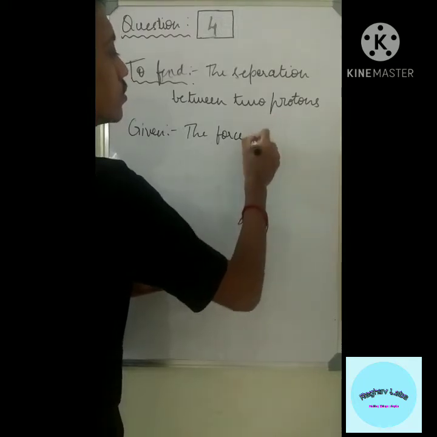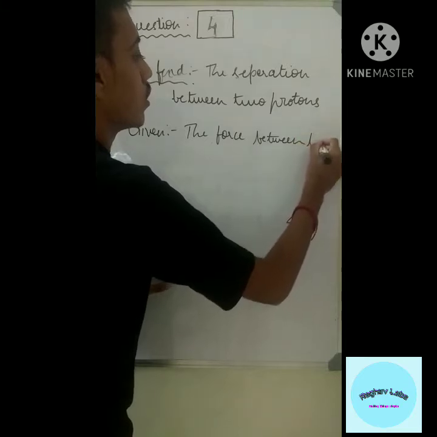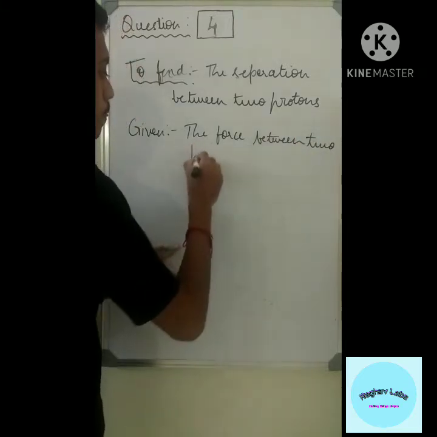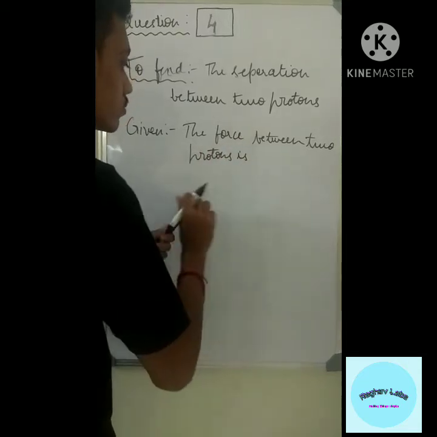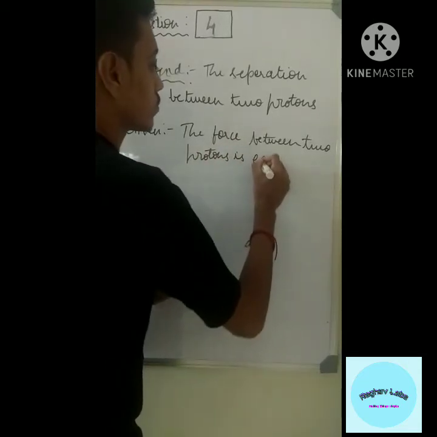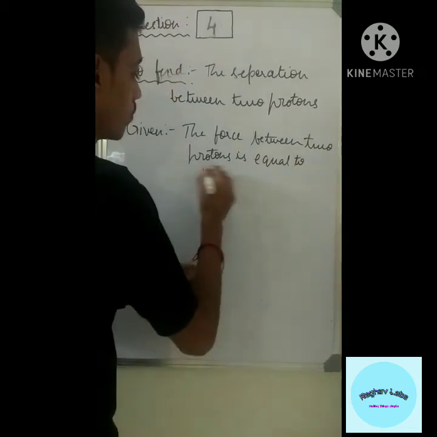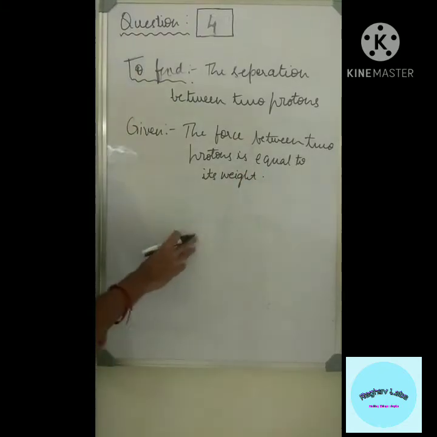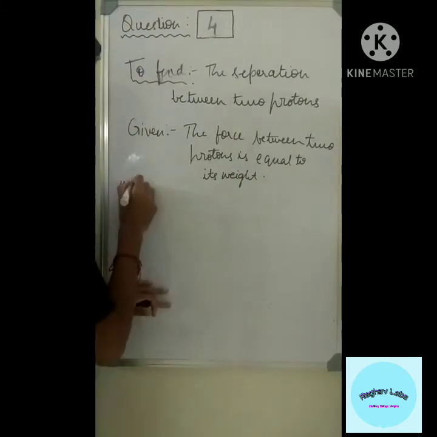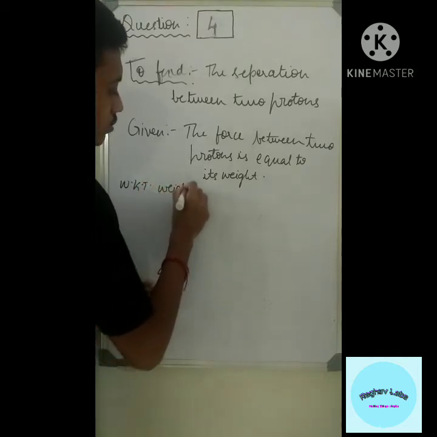We are given that the force between two protons is equal to the weight of each proton, or the weight of a proton, and we know that the mass of a proton is 1.67 into 10 to the power of minus 27 kgs, which you need to remember.